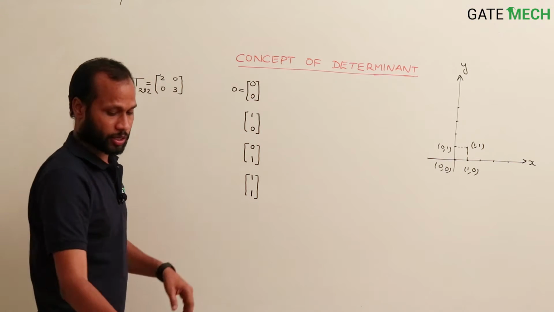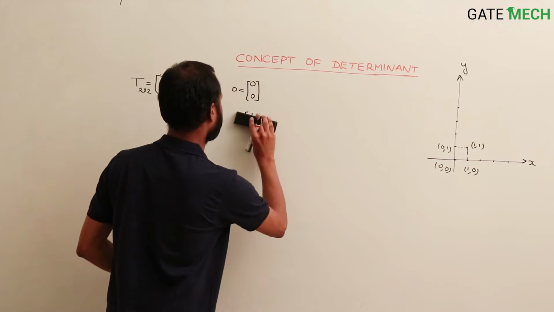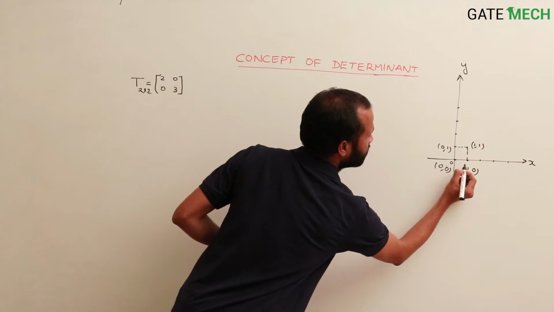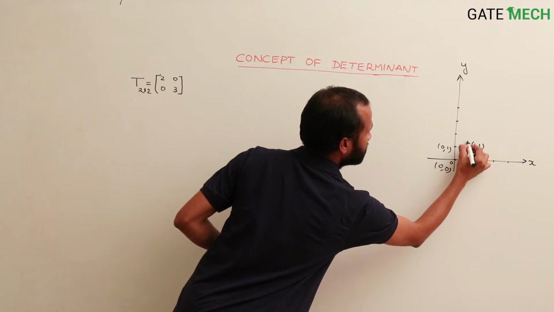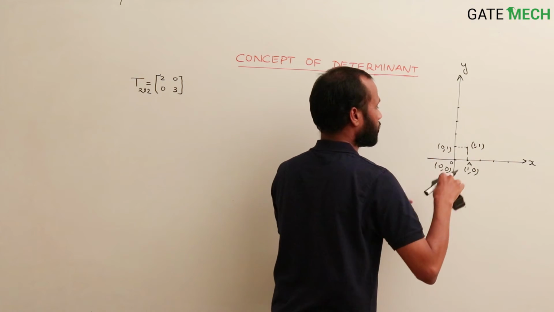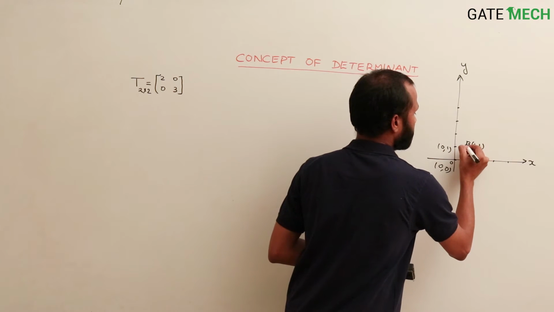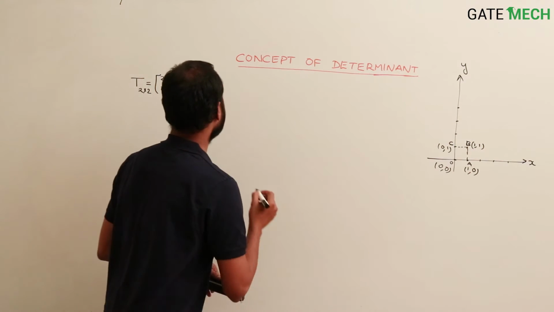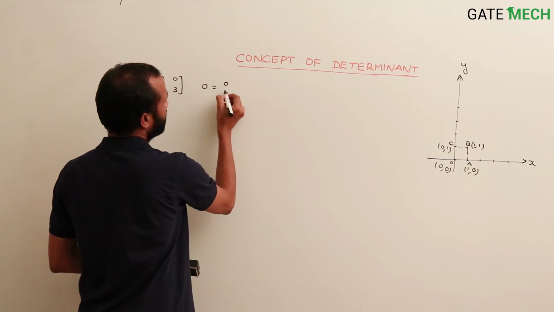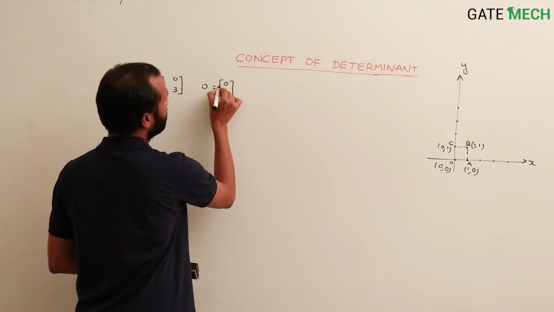Okay, say suppose this point is O, this point is A, this point is B, and this point is C. The first position vector, O, is 0, 0.